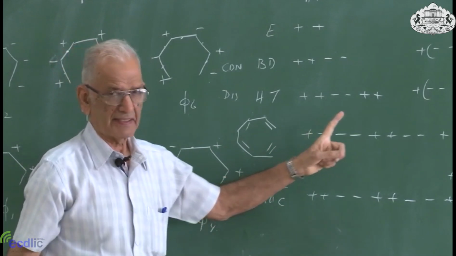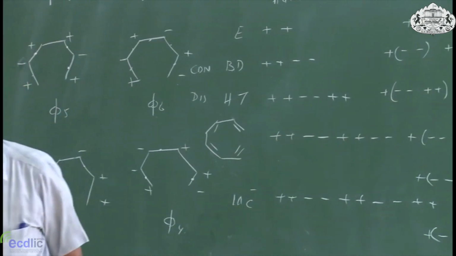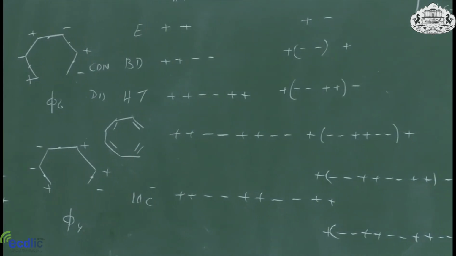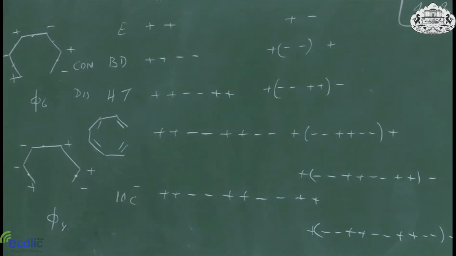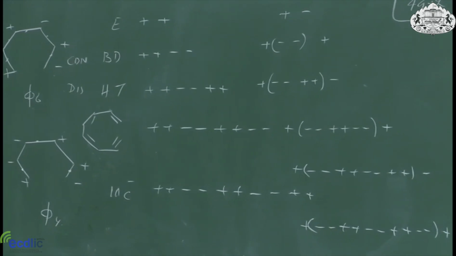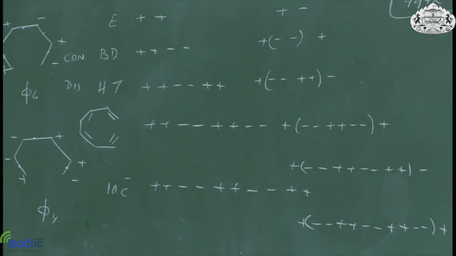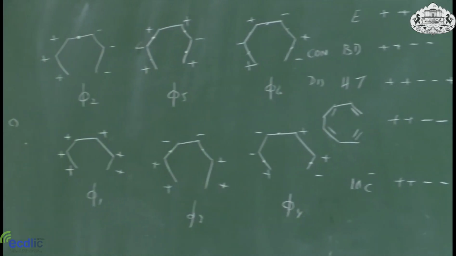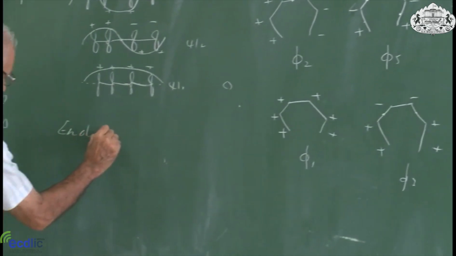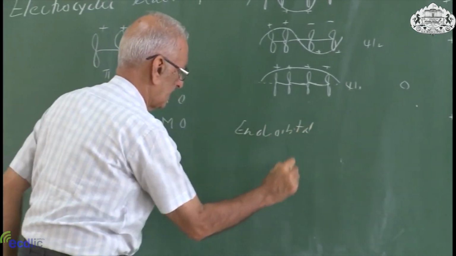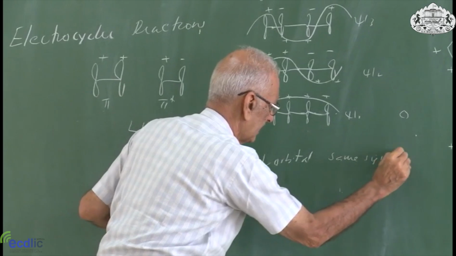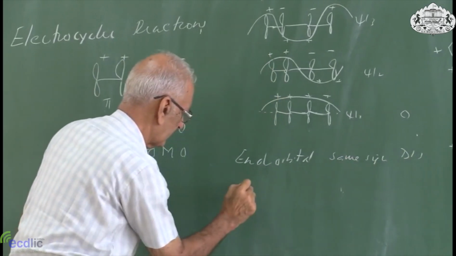8 electrons, end orbitals have opposite sign, so reaction is going to be conrotatory. 10 electrons, end orbitals have same sign, reaction is going to be disrotatory. End orbitals have same sign, reaction is going to be disrotatory.